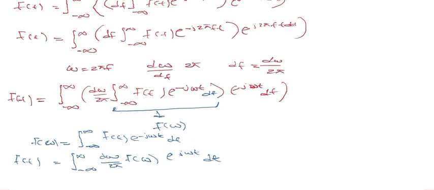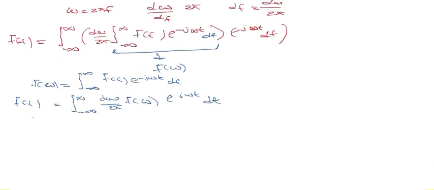This can be simplified into f of t equals 1 over 2 pi, since it is just a constant, times the integral from minus infinity to infinity of F of omega exponential j omega t. Sorry, we are not having the t here, since we brought the t inside as part of F of omega, so I forgot to factor it out.